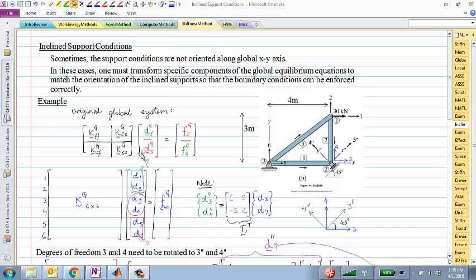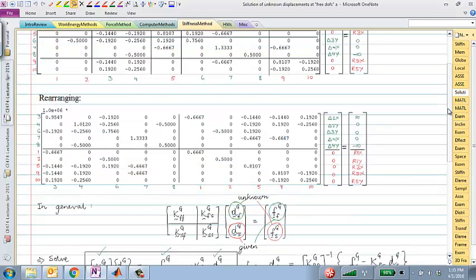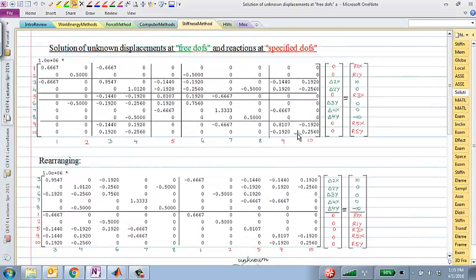We construct the big stiffness matrix, as I showed to you, by assembly of all small element stiffness matrices. Some of the degrees of freedom would be free and the others would be specified just as before.